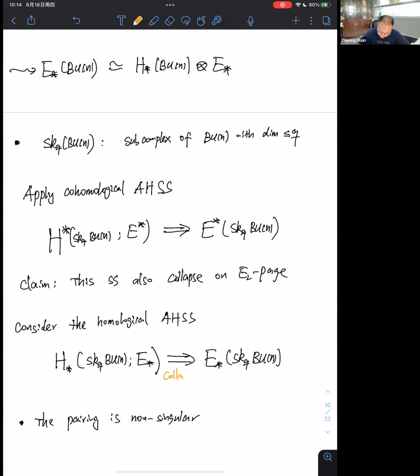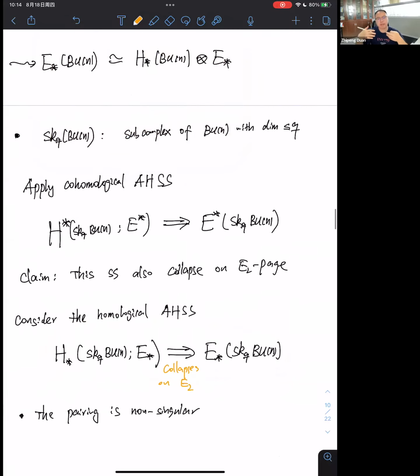Then, similarly, using the pairing argument, this collapse on the E2 page of the homological version will imply that the cohomological Atiyah-Hirzebruch spectral sequence also collapses at the E2 page. This just means the cohomology of the finite complex is isomorphic to the singular cohomology tensor with the coefficient.